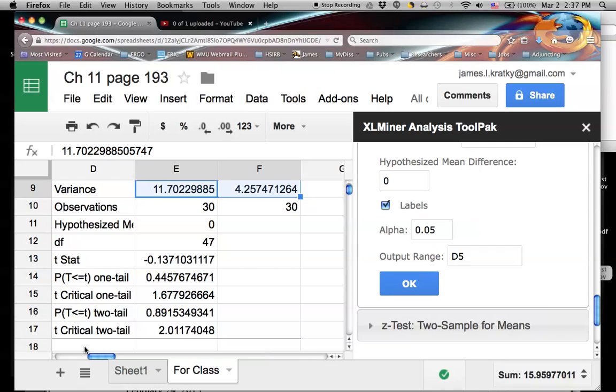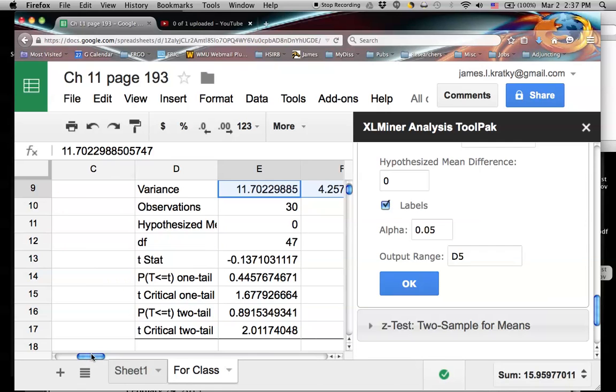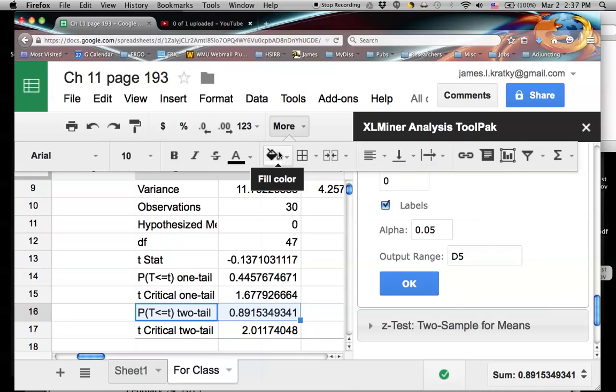And here is our p-value for the 1-tail and the p-value for the 2-tail. This is actually the value we want for our 2-tail test. I'm going to highlight this for us. Now we have to be careful when interpreting this. We're comparing this 0.89 to this 0.05.